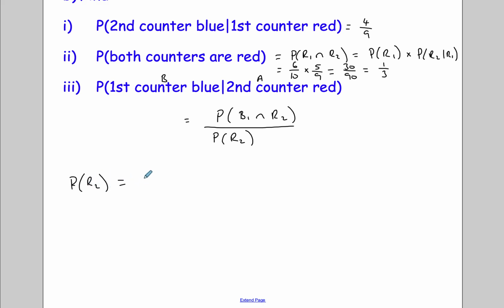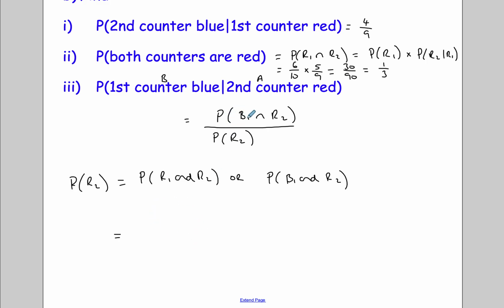Well, that could happen by either having the first one red and the second one red, or having the first one blue and the second one red. And that's what we're going to have as our denominator. Similar to the Venn diagrams, we've got what we want over what could have happened, what was allowed to be possible under the conditional statement.